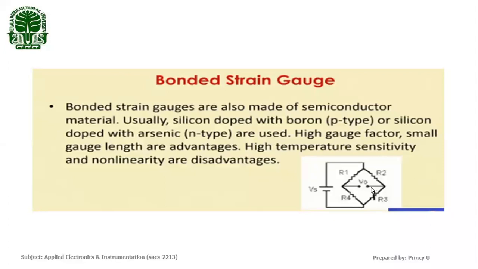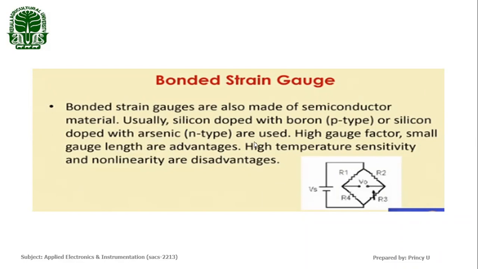Bonded strain gauges are also made of semiconductor material, usually silicon p-type material. P-type material means we have doped it with a p-type dopant, boron, and when we dope with arsenic, it is an n-type semiconductor.